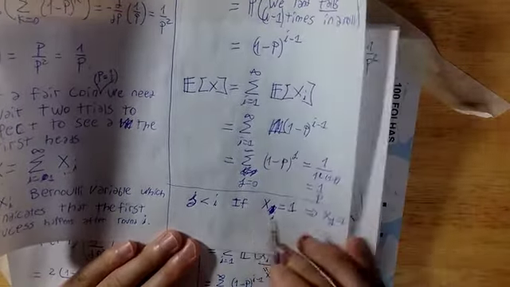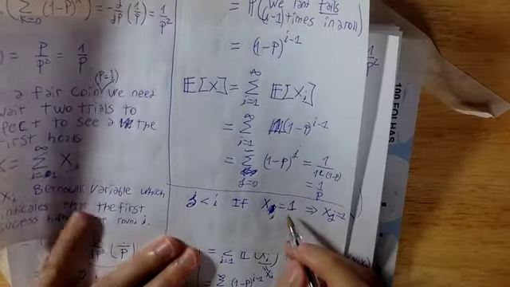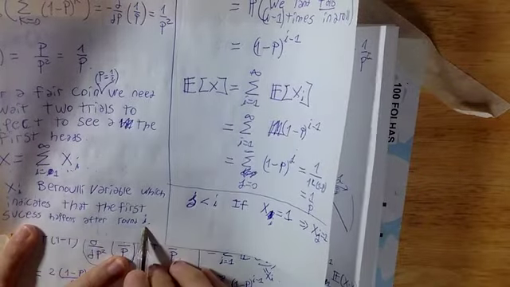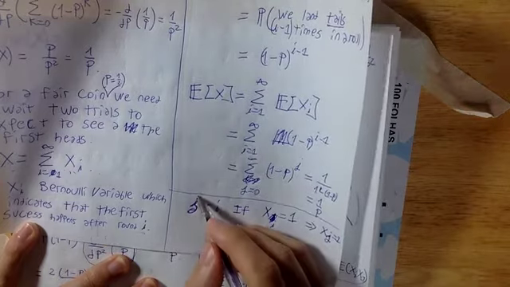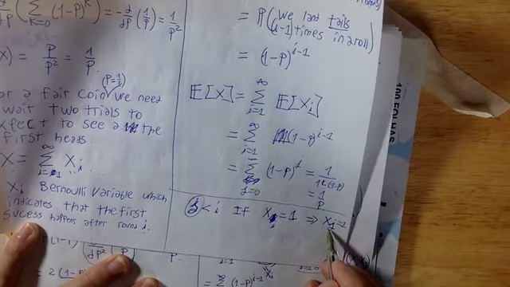Because if the first success happens after round i, then this implies that the first success happens after round j for every j less than i.